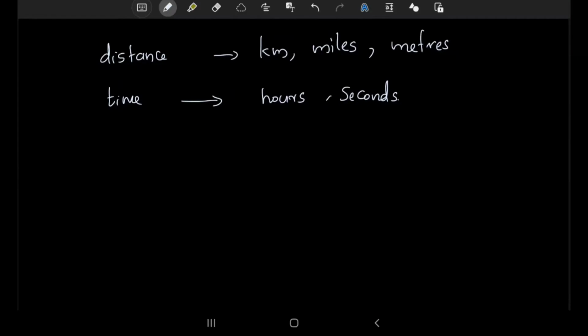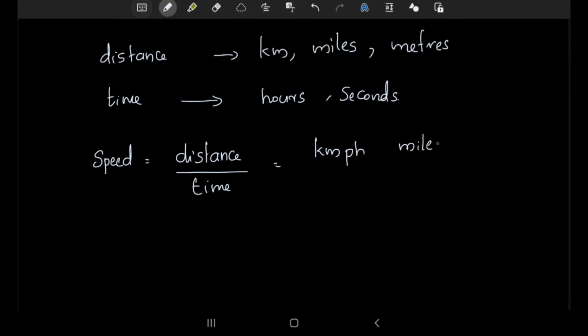As speed is equal to total distance traveled divided by time, the unit is kilometer per hour or miles per hour, which is denoted as mph.